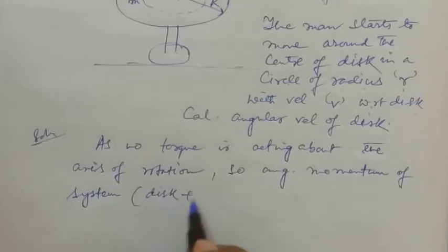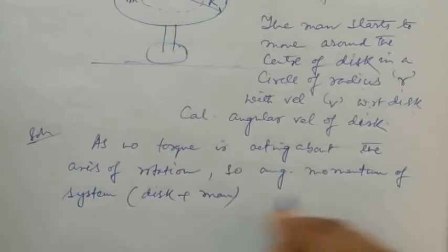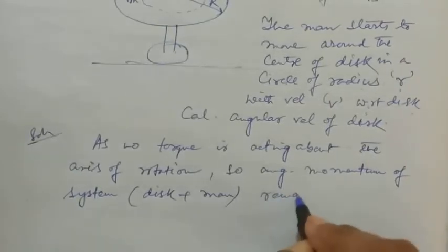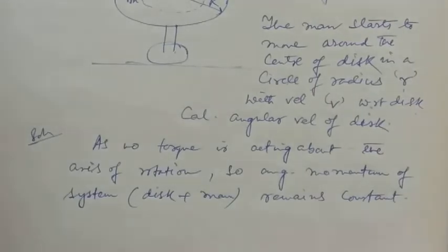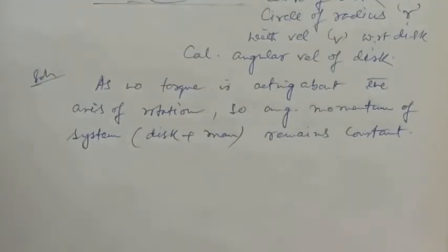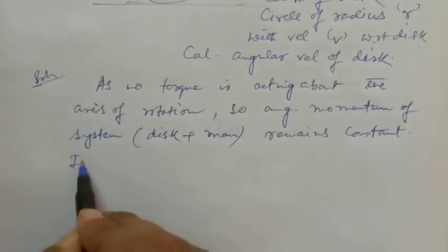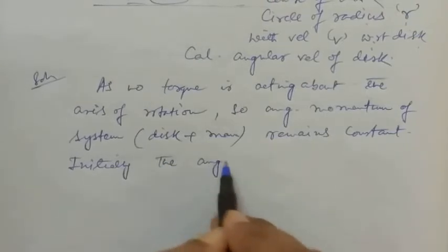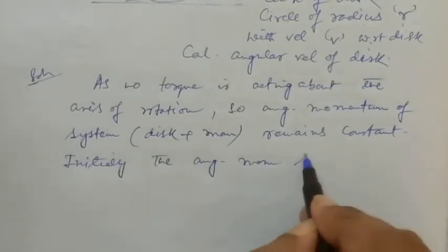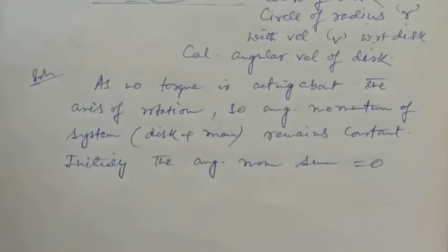That is the disc plus man. Initially the angular momentum of the disc and the man together was 0.